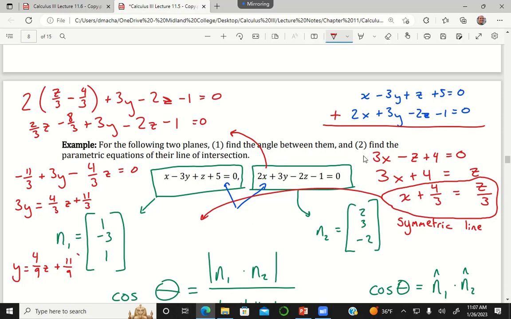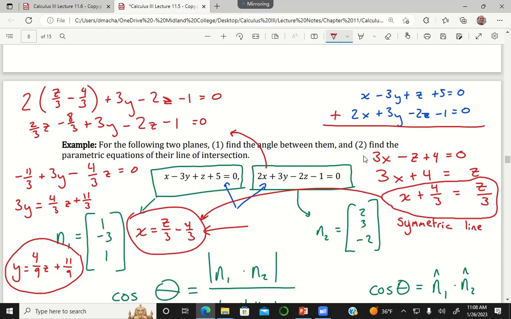So I've got that, I've got this. I'm going to rearrange this and say x is equal to z over 3 minus 4 over 3. Something like that. Okay, so just by doing old algebra tricks, stuff you learned in your algebra class a long time ago, what we've been able to do is find this equation, which gives me my x-coordinate explicitly as a function of my z-coordinate right here.